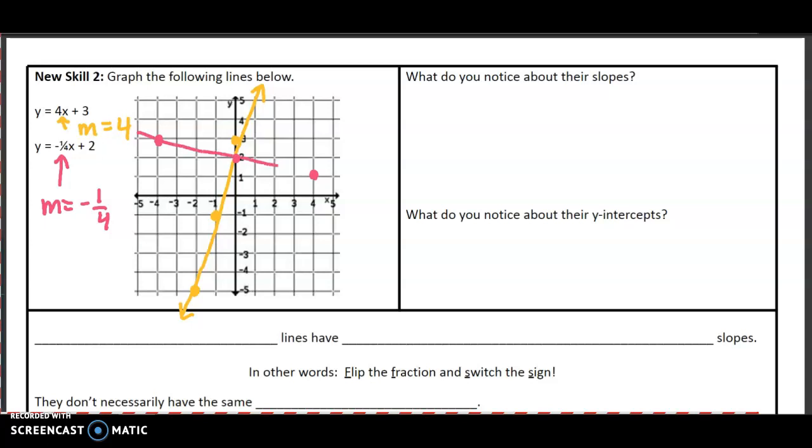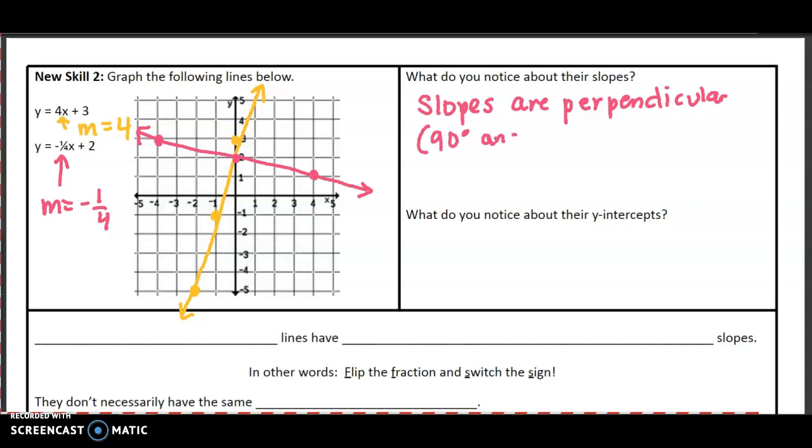And so what you should notice with these two graphs is that their slopes are perpendicular. That means they make a 90-degree angle. What else do we know?